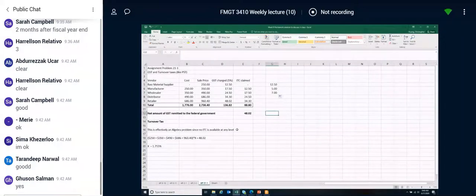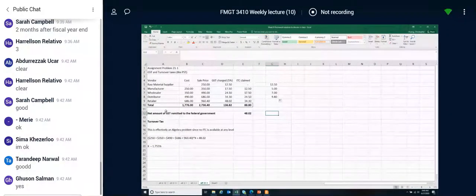Now the wholesaler sells to a distributor. The distributor says, okay, I'm going to pay $24.50 GST, but now I'm going to be able to mark this up to $686. So again, 5% of $686 is $34.30. Again, the net amount is $9.80.